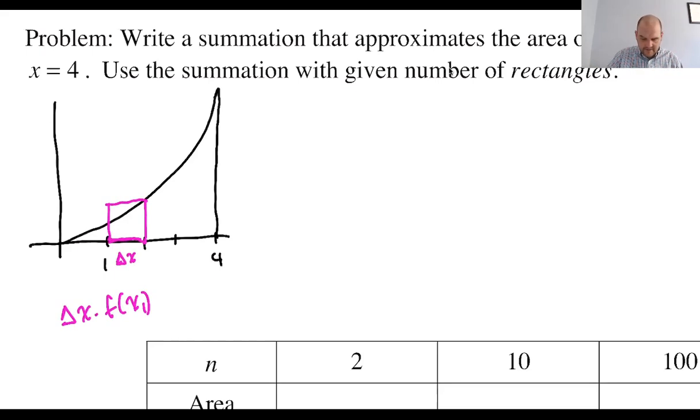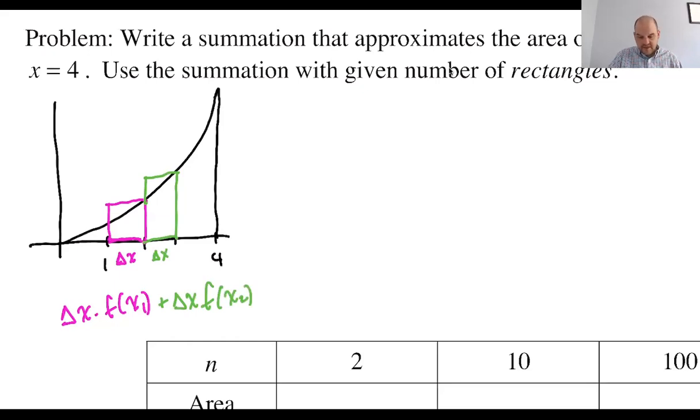Then I'm going to do it again. I start here, I go over, up, over. So this is, again, delta x. So the area of that is going to be delta x times f of x sub 2.